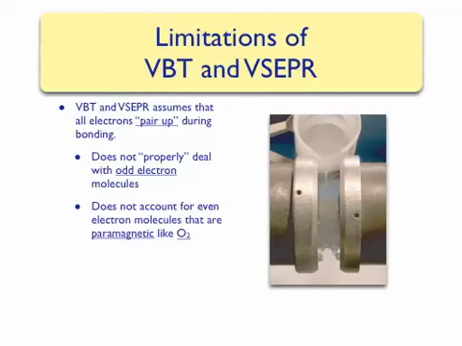There are also molecules with even numbers of electrons that experiments show are paramagnetic. We've learned in previous chapters that paramagnetic atoms have unpaired electrons, which allow them to interact and be attracted to the poles of a magnet. One good example is oxygen.